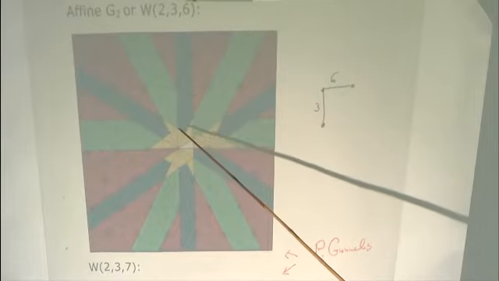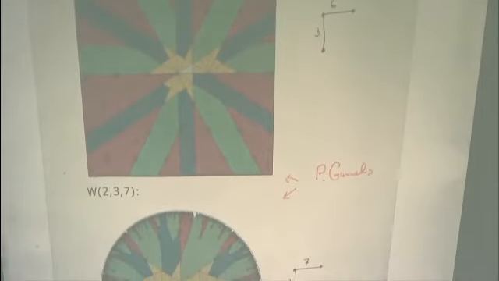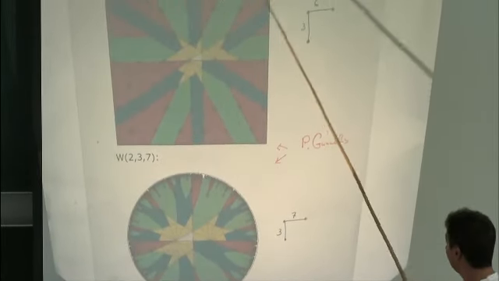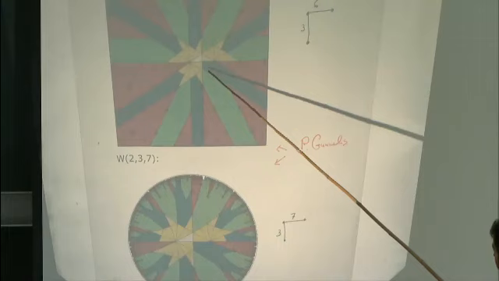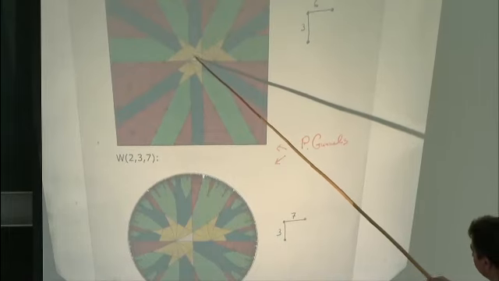The cells here were computed by Lusztig in the 80s. This one has been computed by Paul Gunnells. This is a tessellation of affine space, and this is a tessellation of the hyperbolic plane, and each triangle corresponds to an element of the Weyl group, or of the Coxeter group. You can see that this is the identity element, and these are simple reflections.